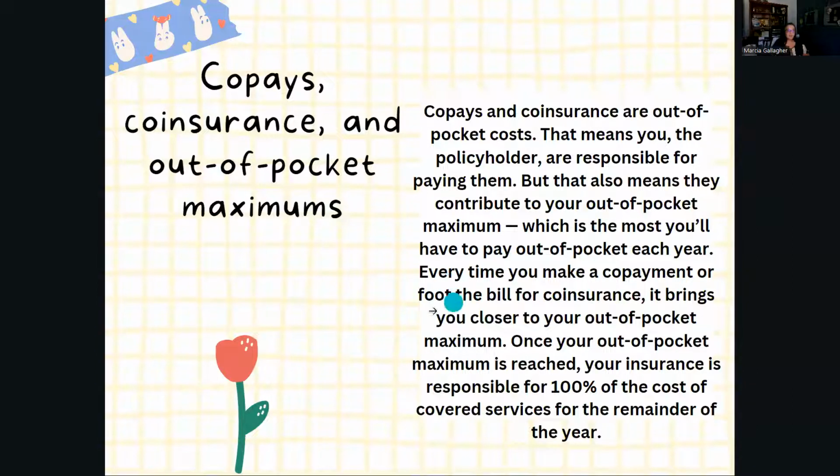Every time you make a copayment or foot the bill for coinsurance, it brings you closer to your out-of-pocket maximum. Once your out-of-pocket maximum is reached, your insurance takes responsibility for 100% of the cost of covered services for the remainder of the year.